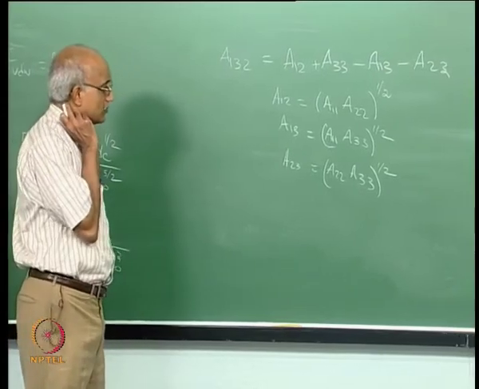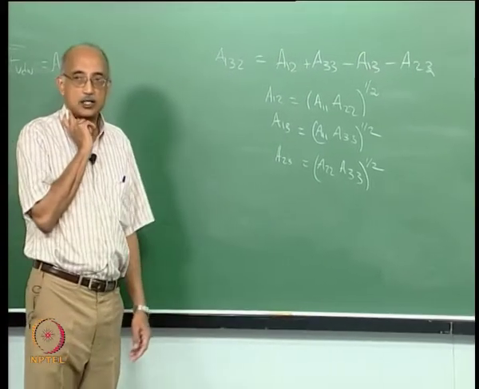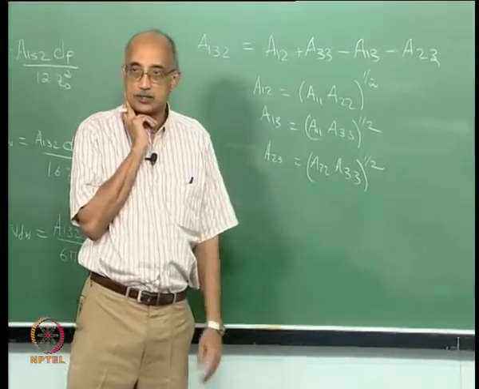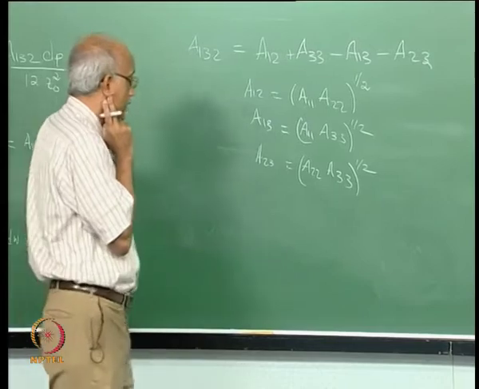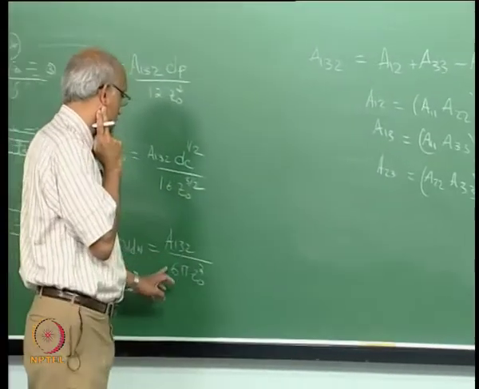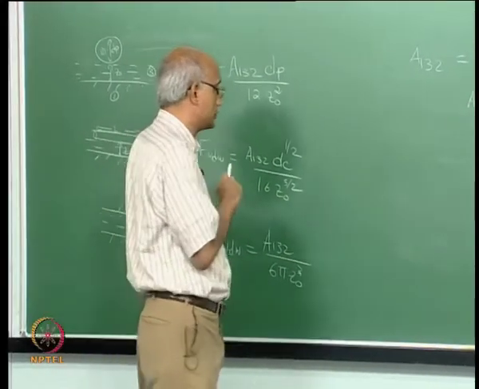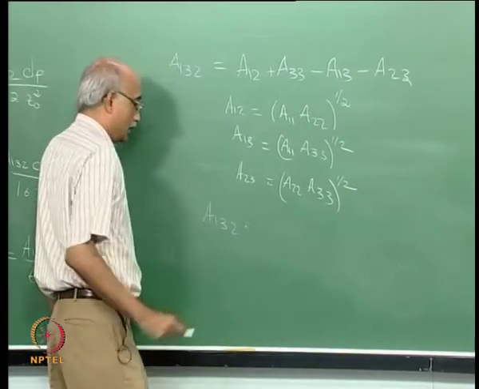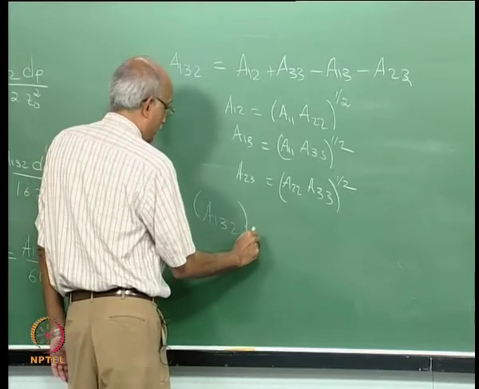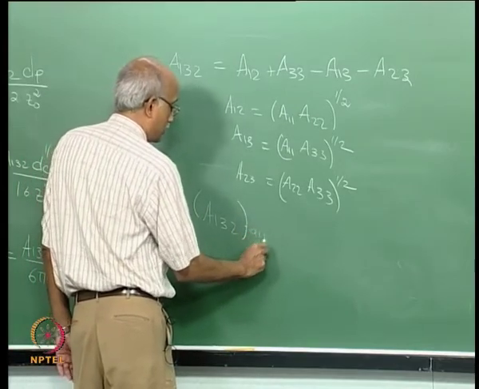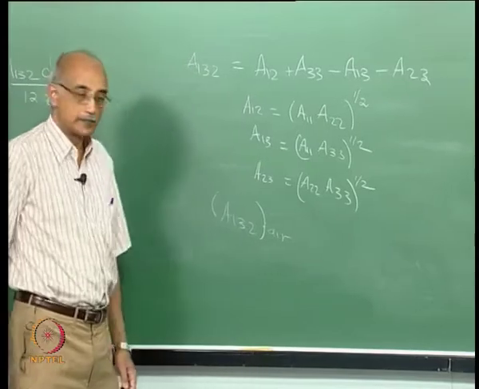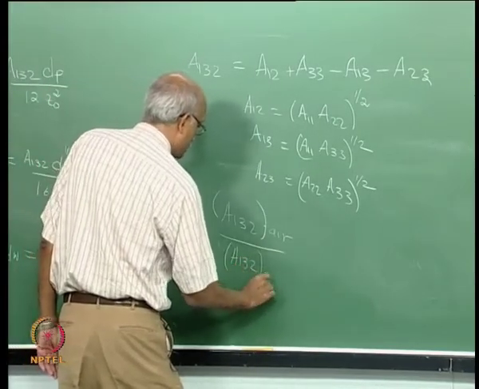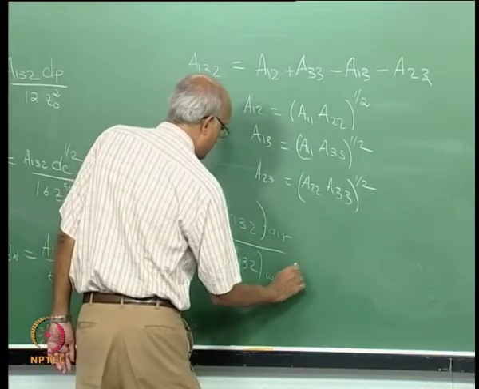Now, where does the nature of the fluid come into play? Obviously, the A33 parameter is critical. Consider A132, the Hamaker constant for the system, if you have air as your intervening fluid, versus A132 with water.